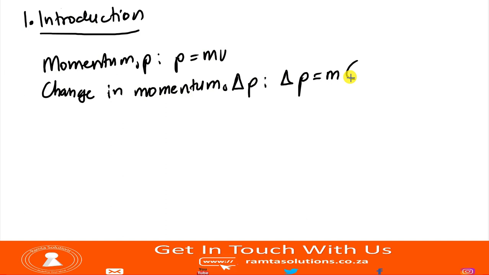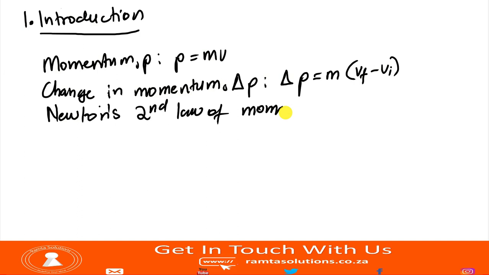Of course, we have summarized this to say it is the product of the mass and the difference between the final and initial velocity, right? And then we also have Newton's second law of motion in terms of momentum.